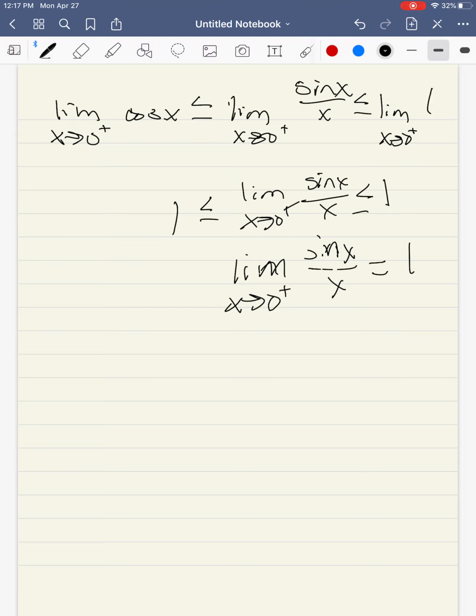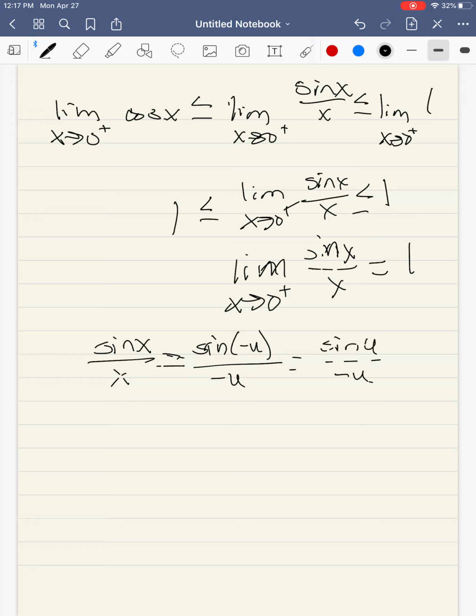All right, now we'll do the same thing for the left-hand limit. So if x is a negative angle, then sine of x over x is equal to sine of negative u over negative u, which is equal to minus the sine of u over negative u, which is sine u over u.